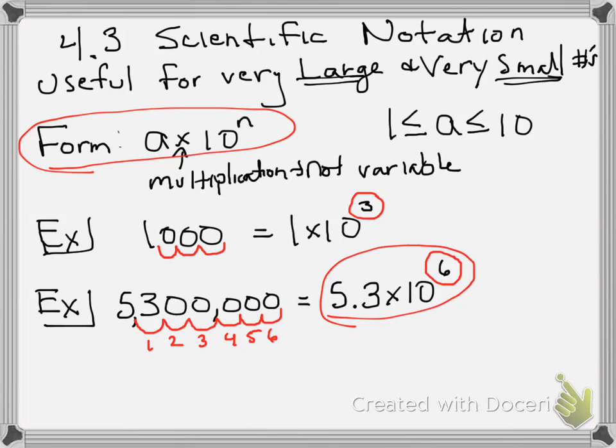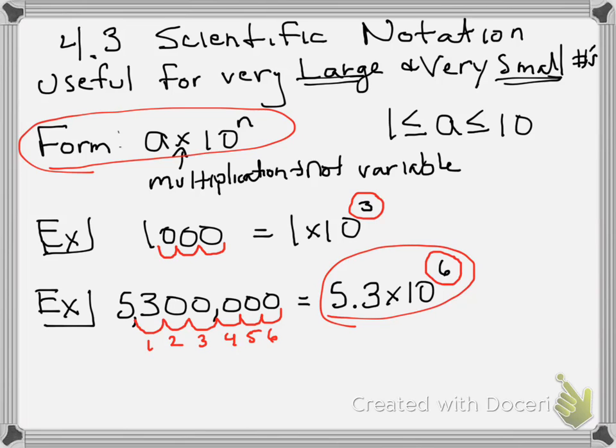We count from where the decimal place is going to be located, and we count 1, 2, 3, 4, 5, 6, which goes up here. So 5,300,000 can be represented as 5.3 times 10 to the 6th power.